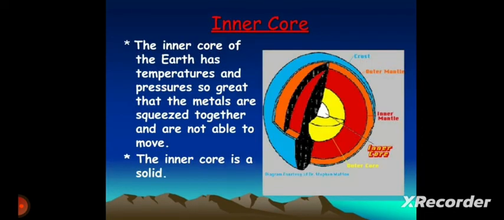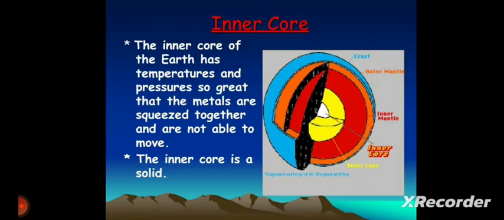Now moving on, inner core. You can see this white portion which is at the center of the earth, which we call the inner core. Just below the outer core, the inner core is put at the center. Where is the inner core? At the center of the earth.